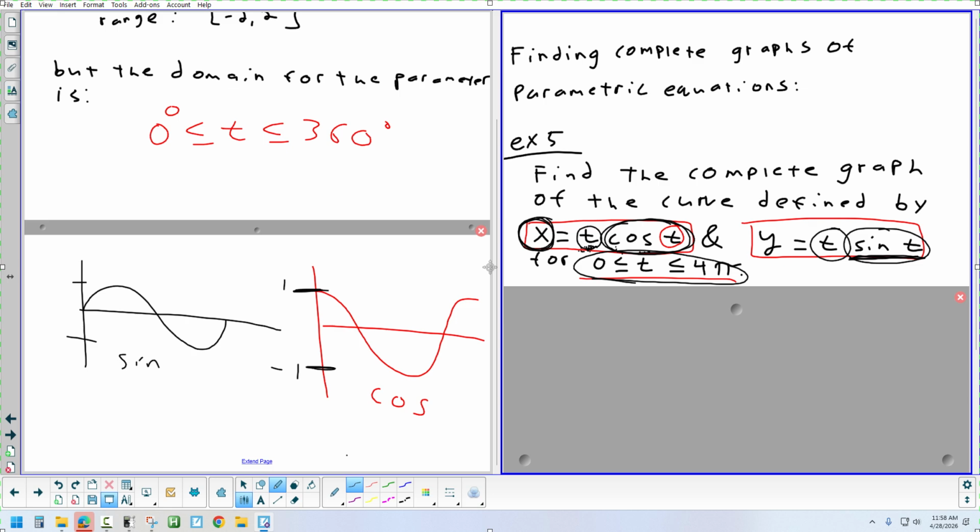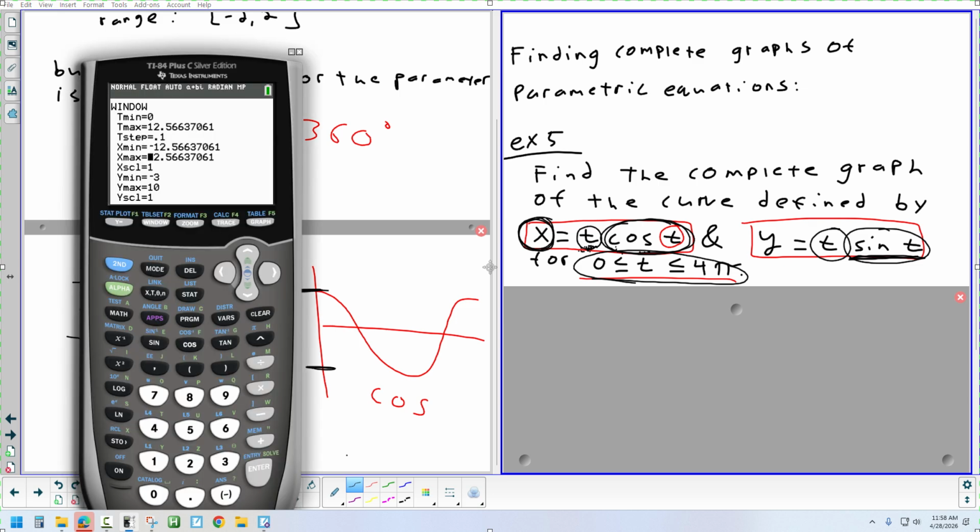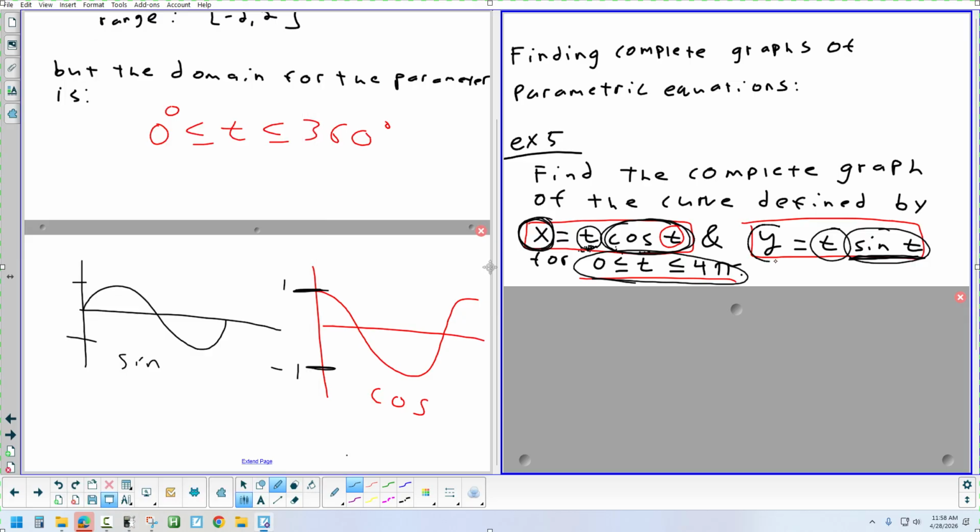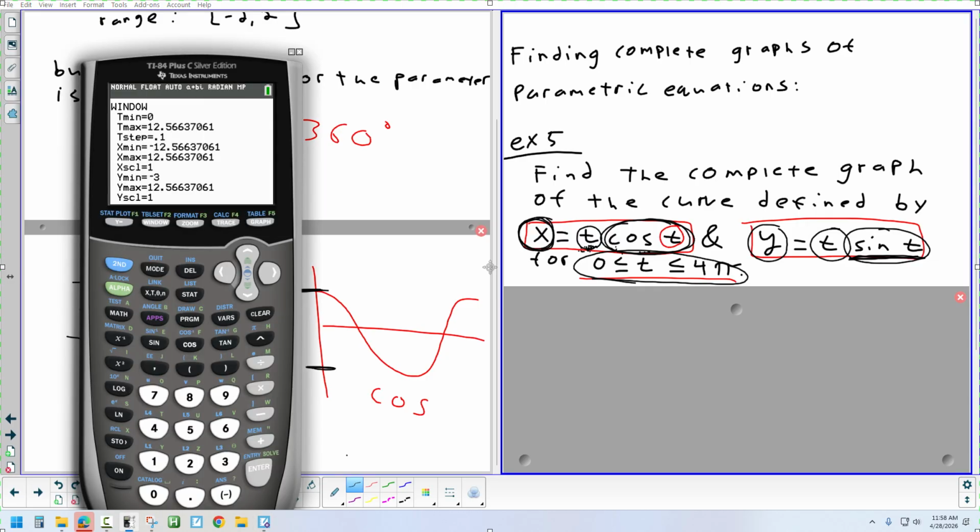And that's the highest you could ever go on the y. And what would be the smallest number you could ever get here? Negative 4 pi. We could get a -1 for sine times 4 pi, which would be -4 pi. Okay, so that's the hardest part, setting up the window. And then let's graph it and see what we get.